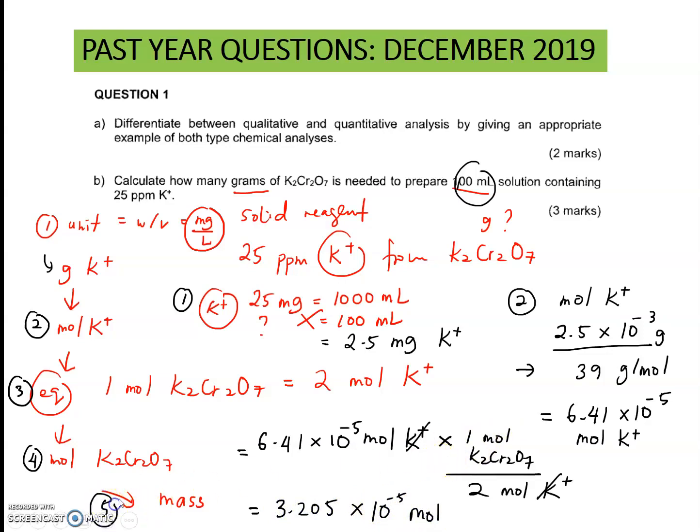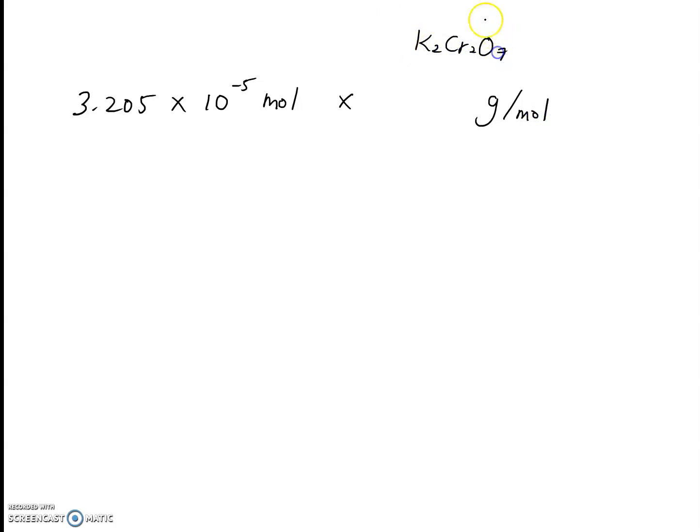Number 5, find the mass of potassium dichromate. So mole potassium dichromate previously times molecular weight of potassium dichromate. So you have to find the molecular weight one by one.